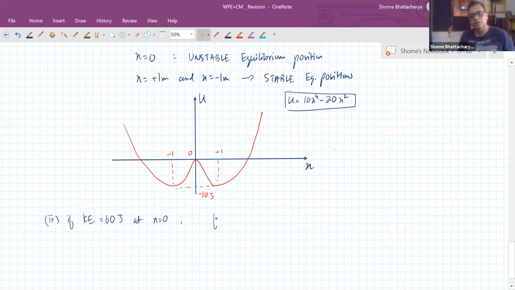We want to find the maximum displacement it can make, and we want to find the maximum speed that the particle can have. Remember, the mass of the particle was given to us as 2 kilograms.